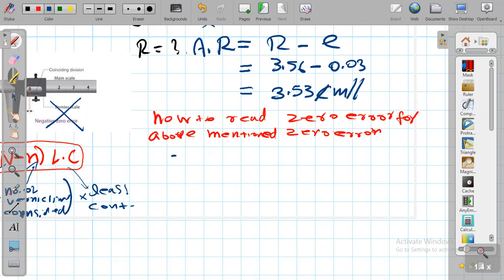How to get it? The negative zero error does not equal the number of lines coincided multiplied by the least count. Always remember the equation is something like this: N minus n times the least count.